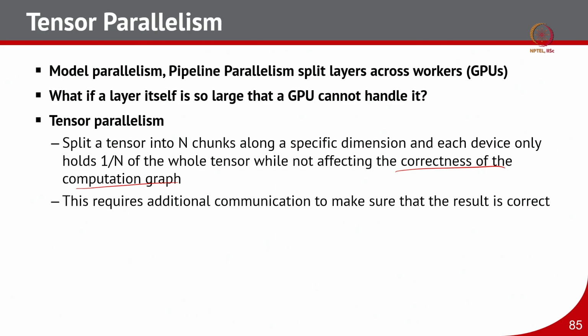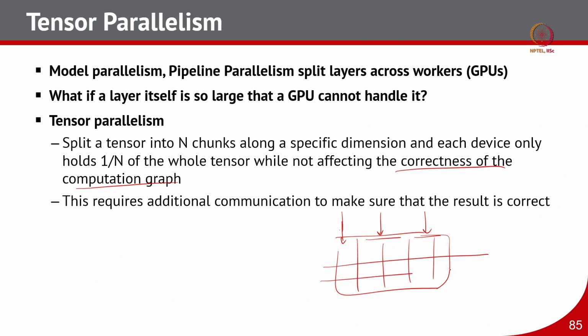In model parallelism, let us say this is the entire model where these are the layers. Each GPU can hold some number of layers. In tensor parallelism we further break the layers into fragments, maybe fragments of those tensors, and each fragment goes to a particular GPU.